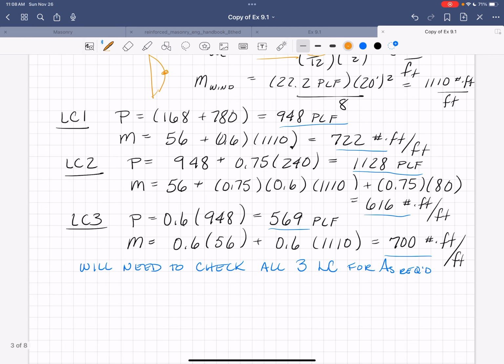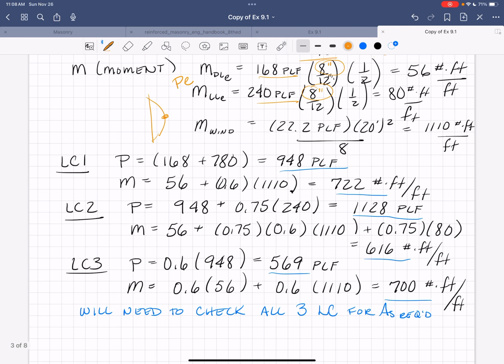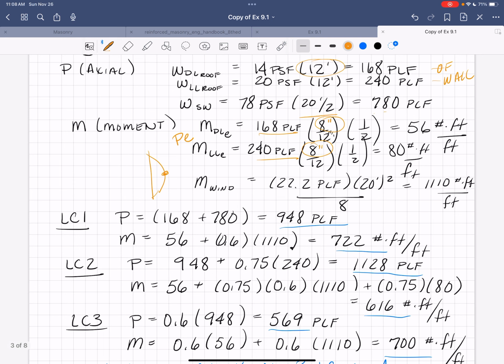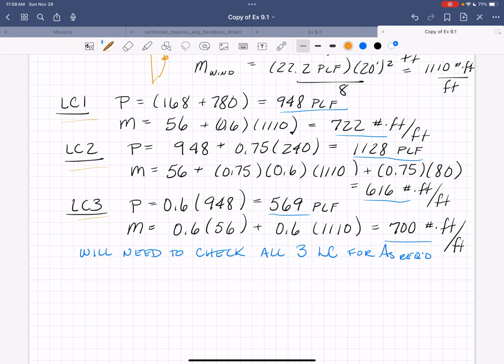So if I go through and figure out each of these cases, I take those axials and moments, and I'm going to keep them as separate axial and moment, because remember, this is an interaction between the two. I'm going to put the load factors in, and these are the 3 load cases. This is the P and M for each of those load cases.